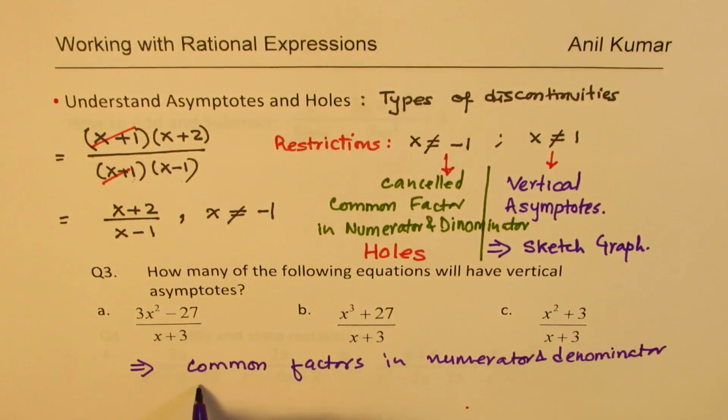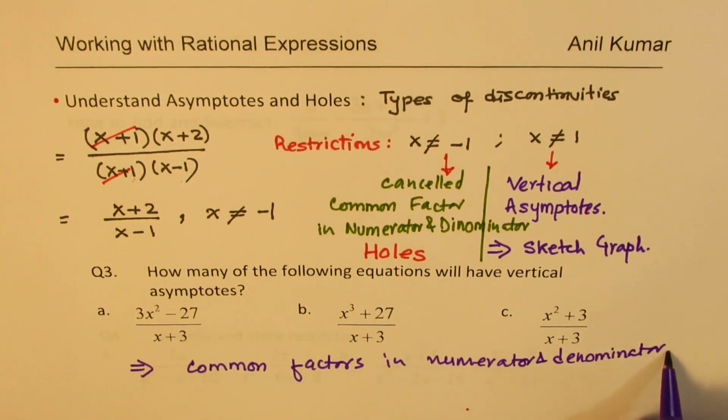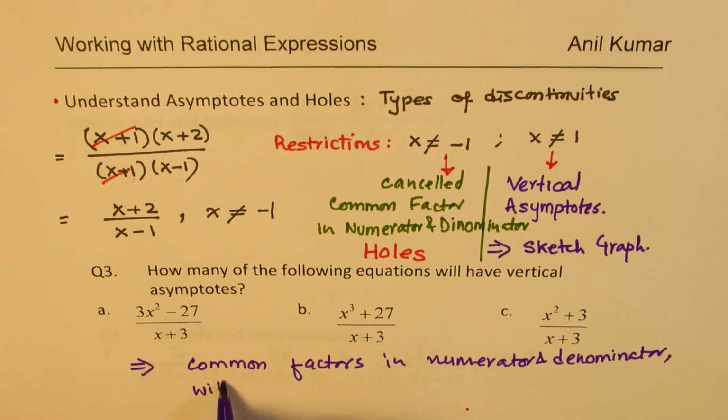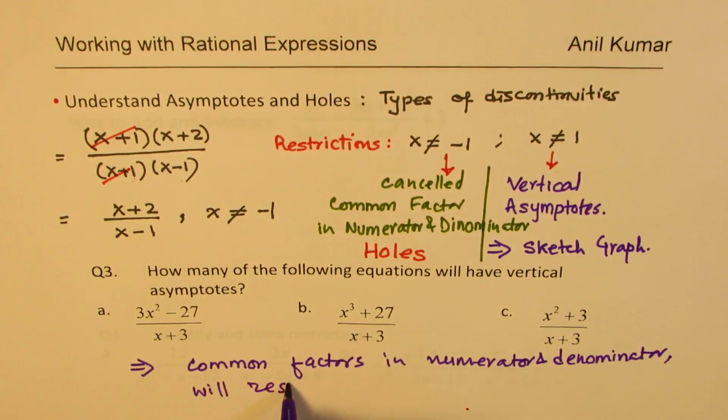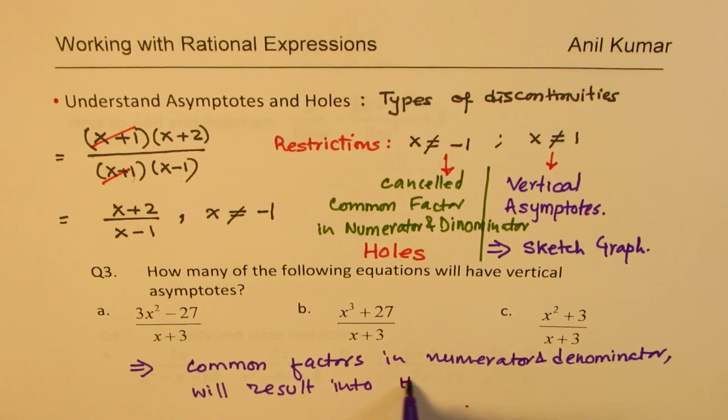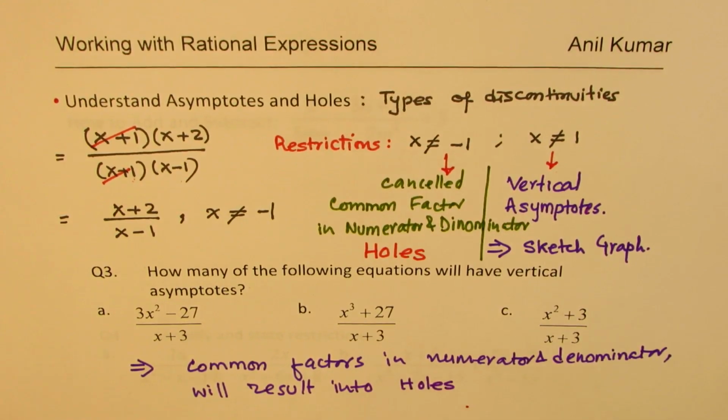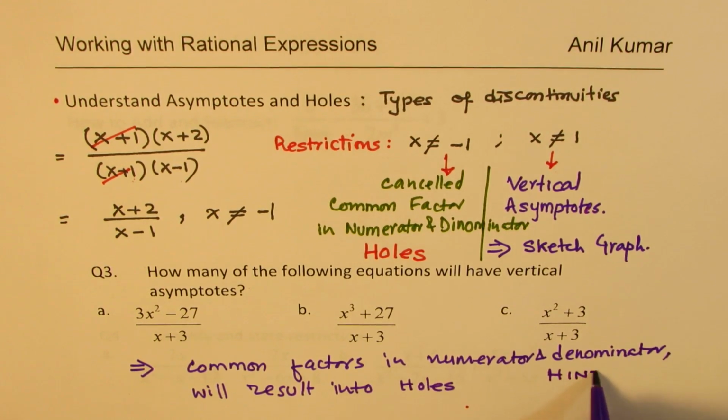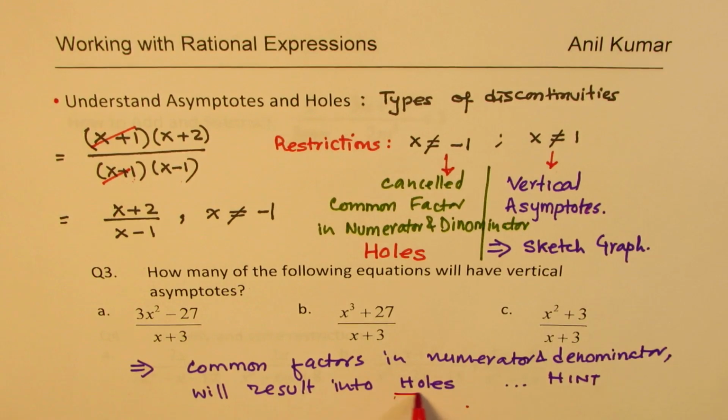And these common factors in numerator and denominator will result in holes. Let me remind you of this. And that's a hint, okay? This is a hint for you. Then you answer this question.